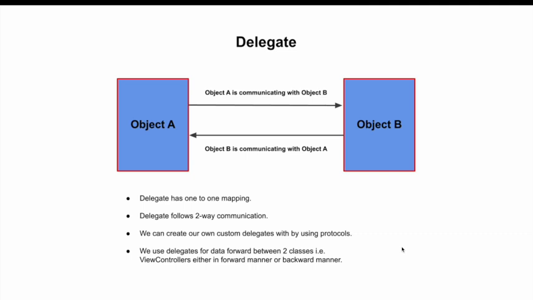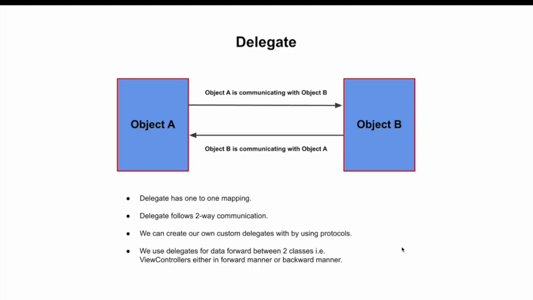But if we want to create our own customized delegates, we can create them with the help of a protocol. The purpose of a delegate is data forwarding between two classes, that is, between two controllers, either in a forward manner or a backward manner. What forward and backward data transferring are, we will discuss in another video.